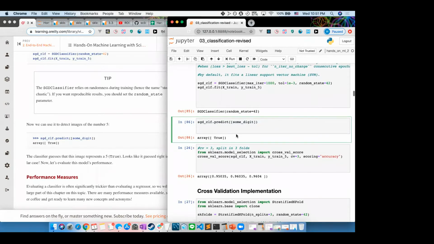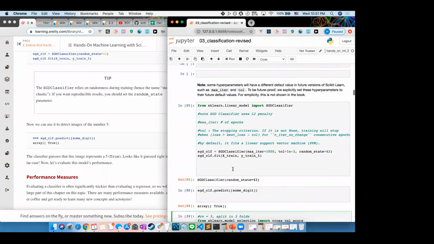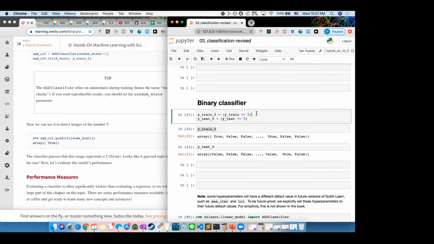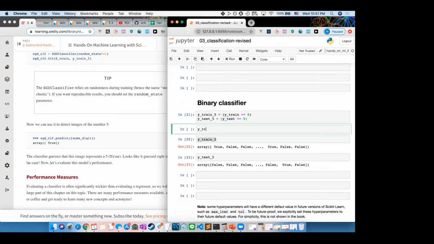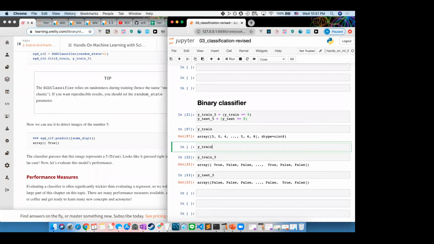That's true. But the important thing to realize is he converts the labels to true or false by executing the code earlier, where he creates y_train_5 and y_test_5. So given the input that you supply, it will predict the corresponding label. Yeah, Srinivas, my some digit is 5.